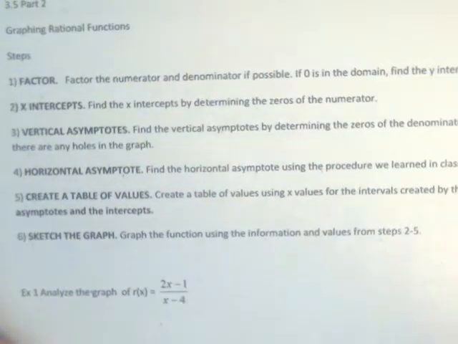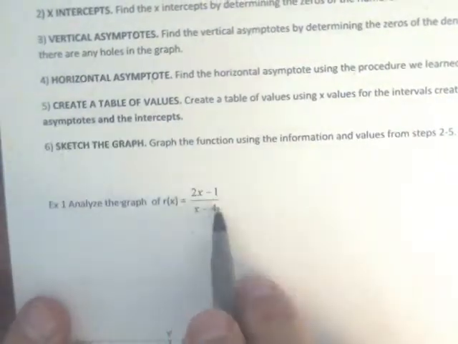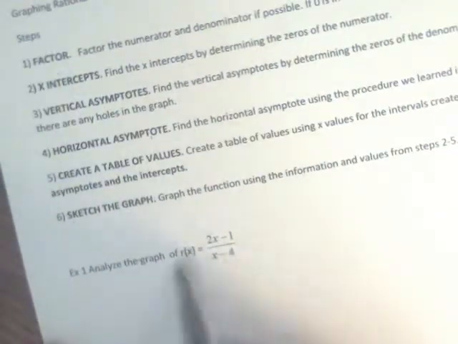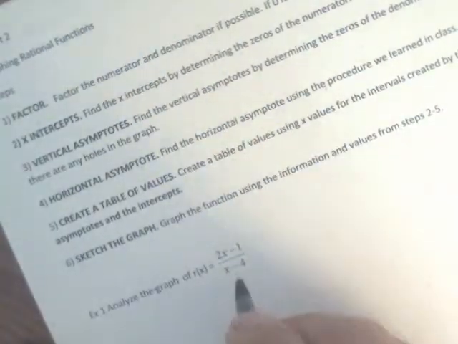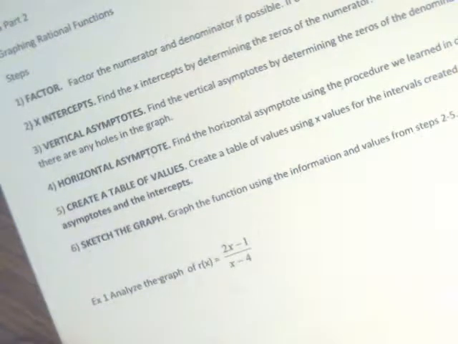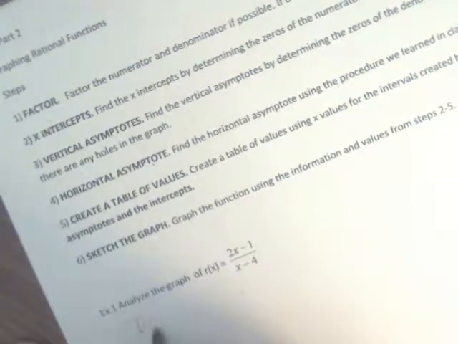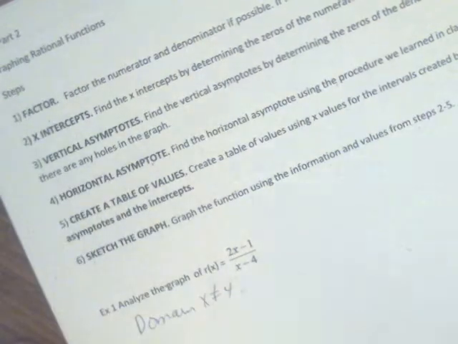Okay, so let's look at a graph of 2x minus 1 over x minus 4. First of all, nothing to factor, so we move on to the y-intercept because 0 is in the domain. My domain is x cannot be 4.